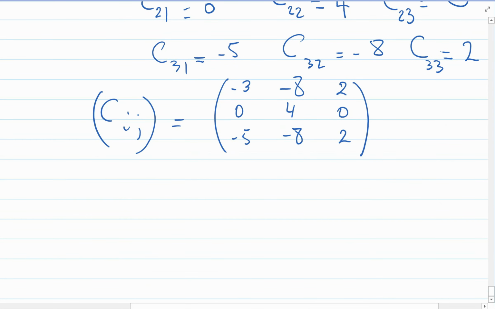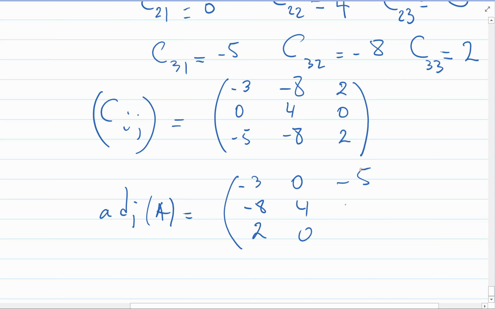So the adjoint matrix will be the transpose of this matrix, which is minus 3, minus 8, and 2. So the rows become the columns. 0, 4, 0. The second row becomes the second column, and the third row becomes the third column.